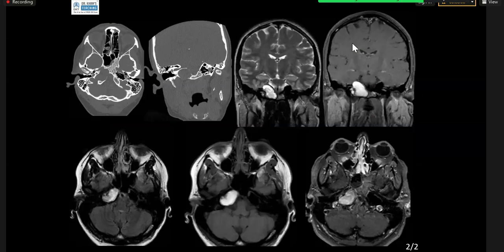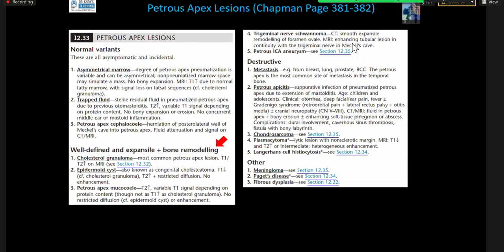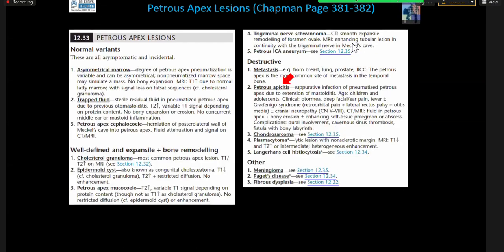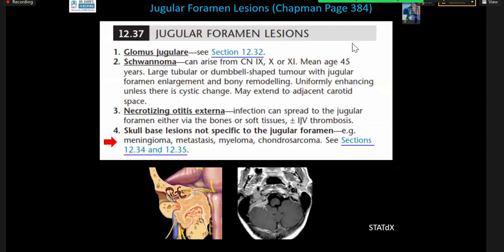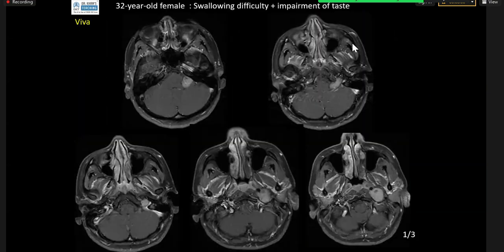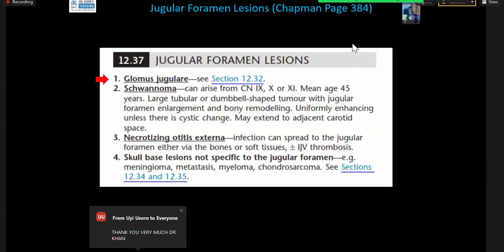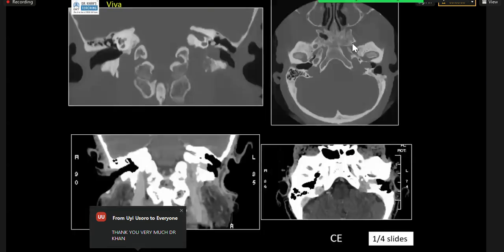But one thing which I want you to please remember, in the differential of tumors of the middle ear cavity, one thing which you would have considered is glomus tumor.